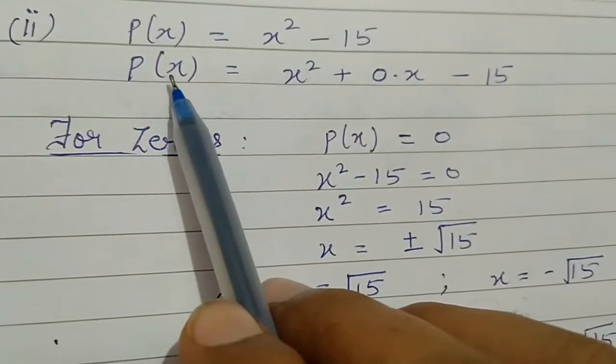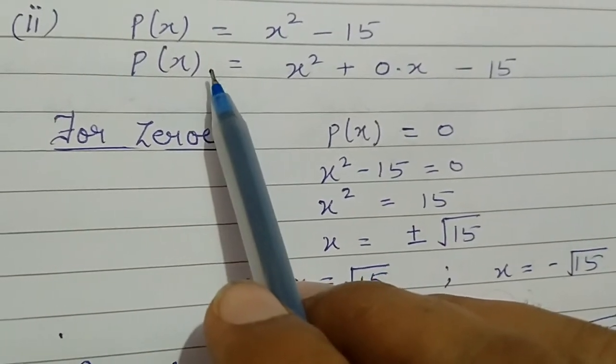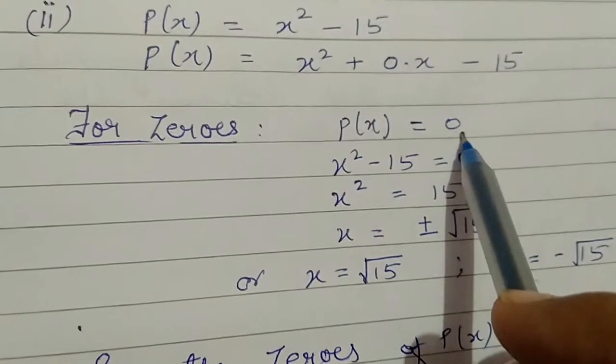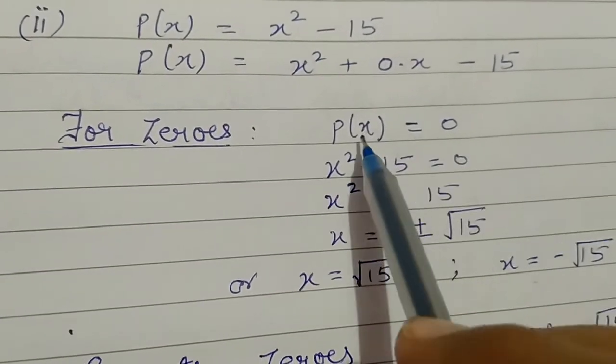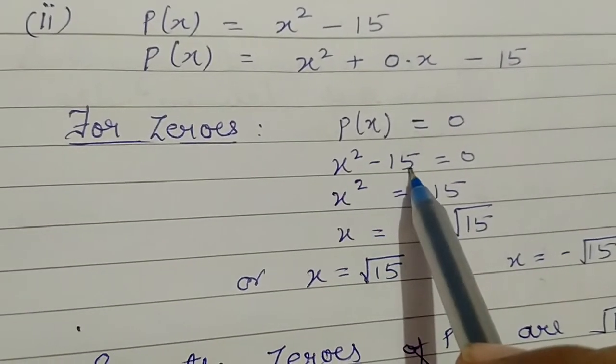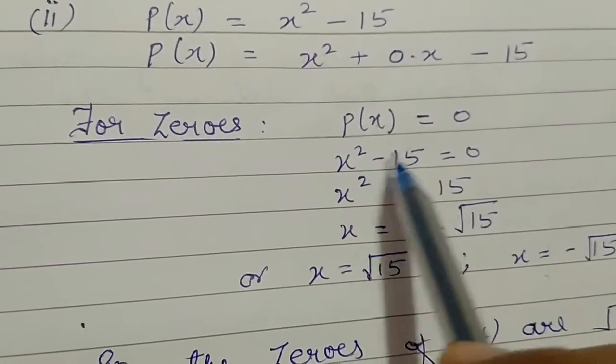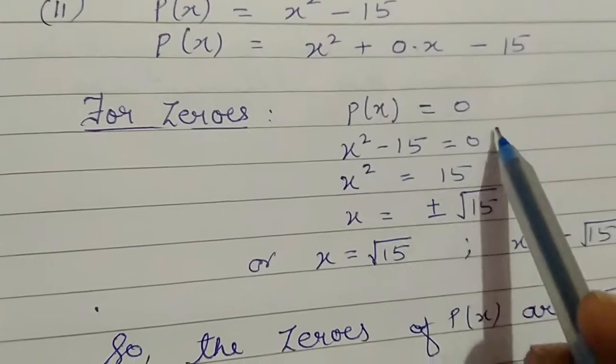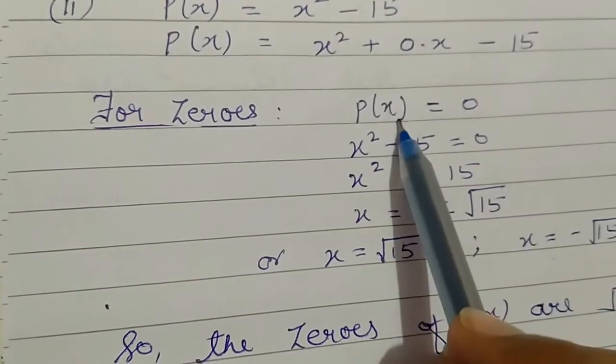To find the zeros of the given polynomial, we must equate the polynomial to 0. The value of p(x) equals x square minus 15. Now we have to factorize this term, or simplify this equation.